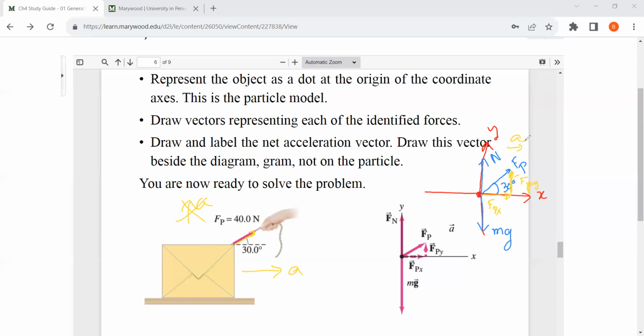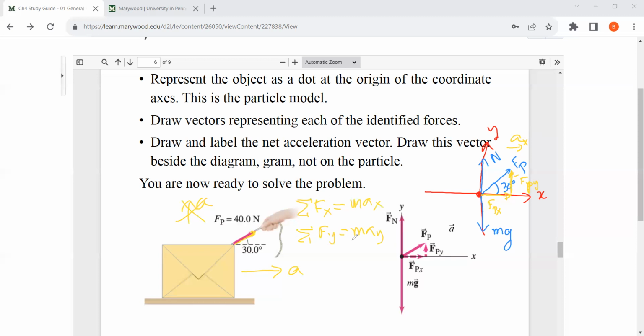The acceleration will be A, and you can also call it Ax to show that there is only acceleration along the x direction, and no acceleration along the y direction. Once you have that, then you are done, in the sense that now you can write these two equations, Fx equal to max and Fy equal to may, and solve the problem.